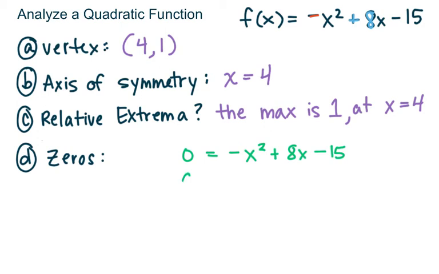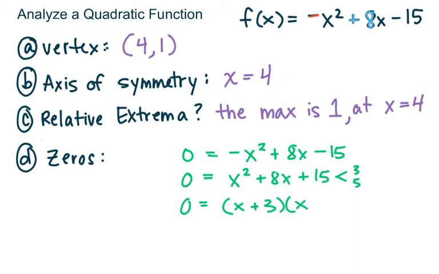I'm going to use that bottoms up method. So I'm going to multiply that last term by negative 1, turn it positive. My two factors of 15 that add to equal positive 8 are 5 and 3. So I have 0 equals x plus 3, x plus 5. Now, because I multiplied by the negative 1, I have to divide both of these by negative 1.